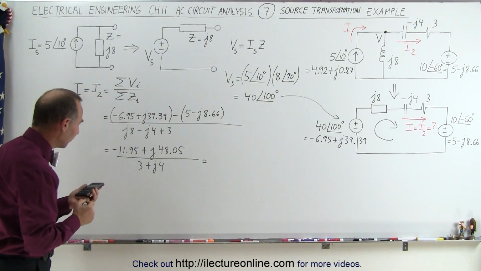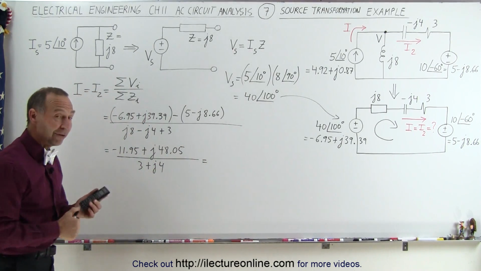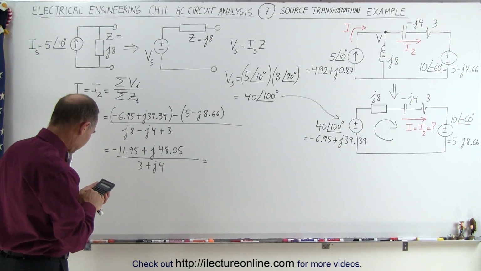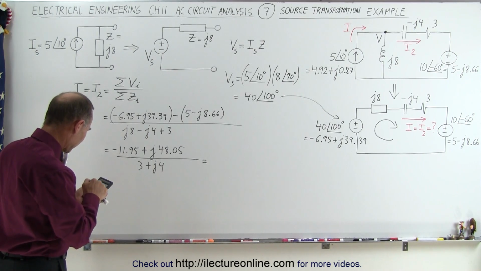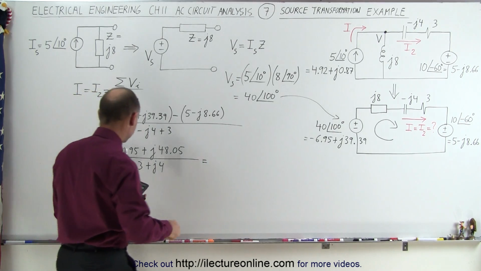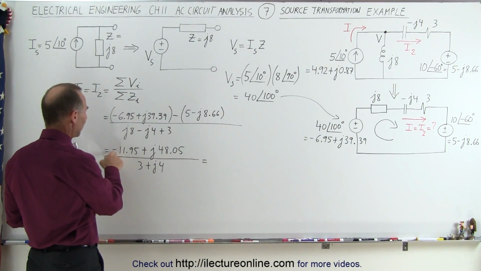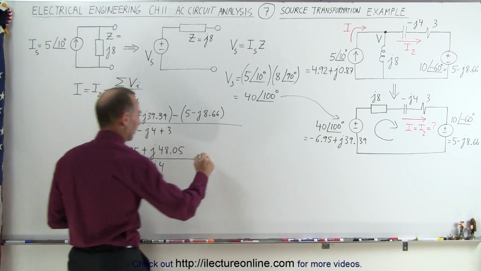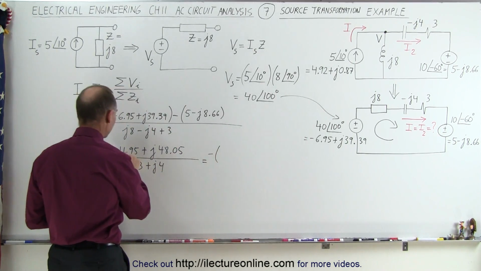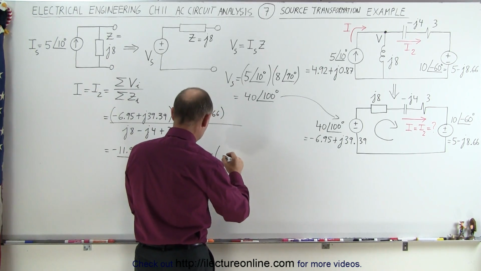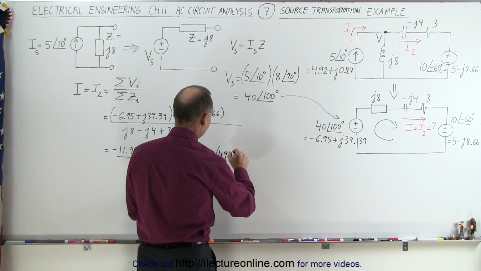Now we have to reconvert that into the magnitude and phase angle format so we can divide one by the other. So we have 11.95 squared plus 48.05 squared. Take the square root of that, we get 49.51. But now we have this negative here, so we have to be careful. I'm going to pull out the negative, so this becomes positive and this becomes negative, but the magnitude will be 49.51.